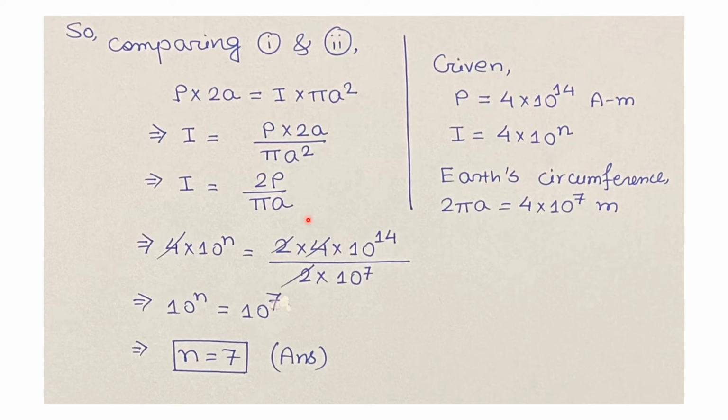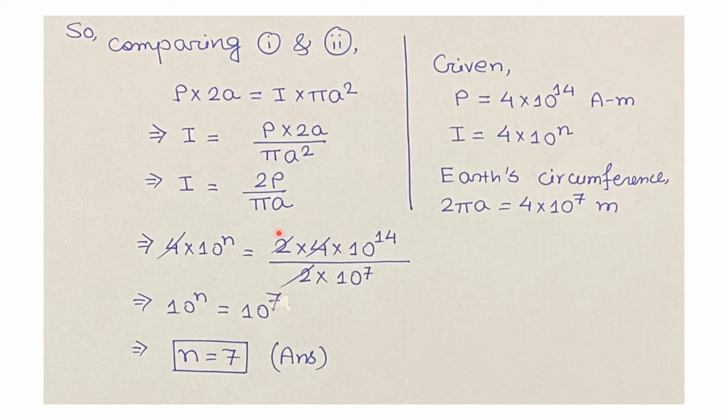Now in the question it is given that the magnetic pole strength P equals 4 × 10^14 ampere meter. The current is 4 × 10^n. Earth's circumference, that is 2 pi a, is 4 × 10^7 meter. So we use this information in this equation.